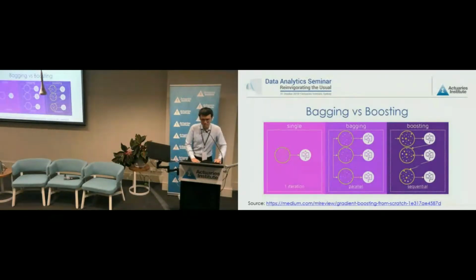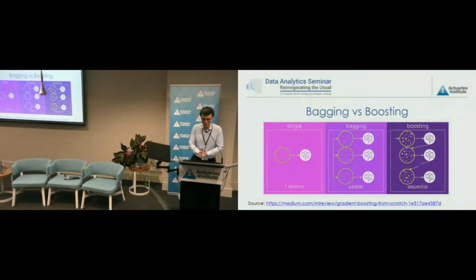So just before diving into LightGBM, I want to talk about the different ensemble methods. As Farhan alluded to, to be really predictive, you typically take a lot of models and leverage all their power together. So on the left, you've got a single decision tree, right?